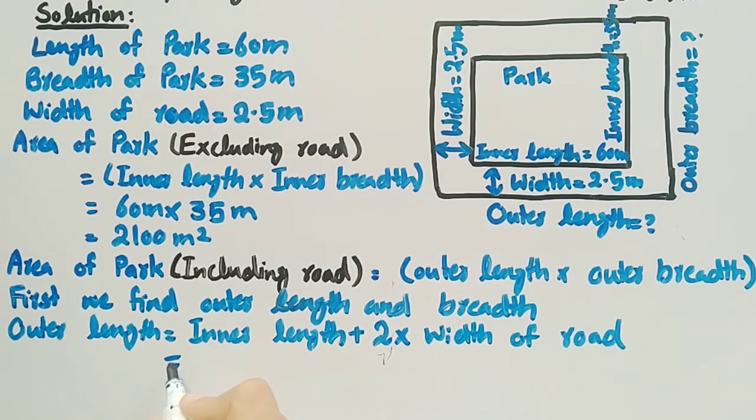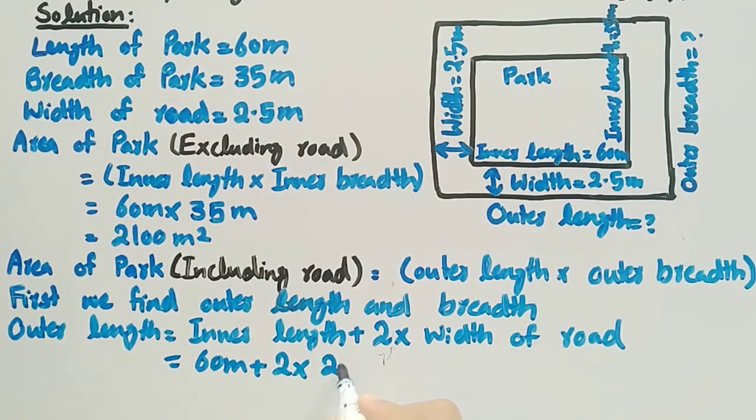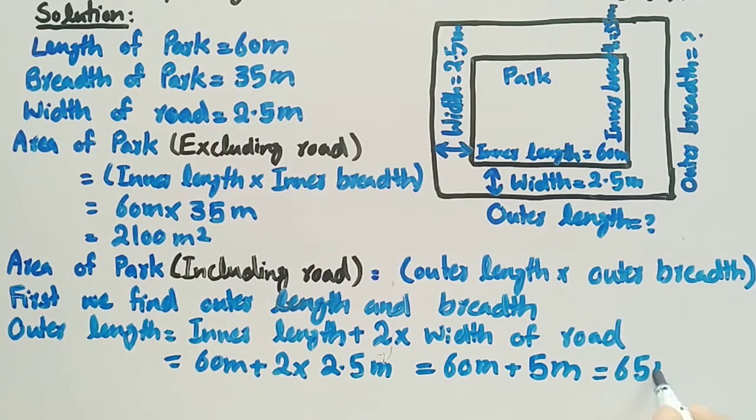It is given that inner length is equal to 60 meter plus 2 multiplied by width of the road, and width of the road is given 2.5 meter, which is equal to 60 meter plus, when 2 is multiplied by 2.5 we get 5 meter, and 60 plus 5 is equal to 65 meter. So outer length is equal to 65 meter.